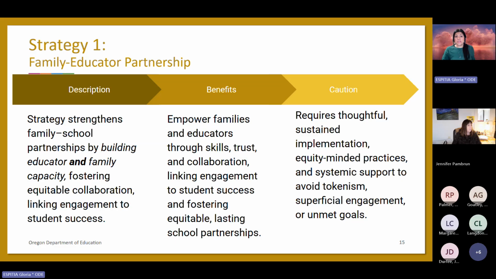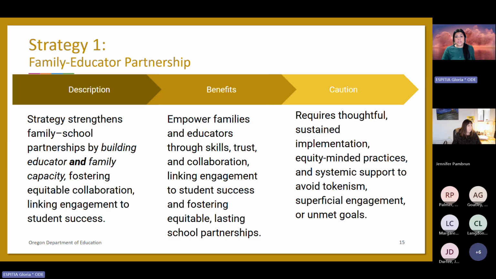While this strategy supports meaningful family educator partnerships, its success really does depend on intentional and context-sensitive implementation. Effective engagement requires addressing participation barriers, so kind of what we heard from Jennifer earlier, fostering equity and cultural responsiveness, and ensuring organizational support.